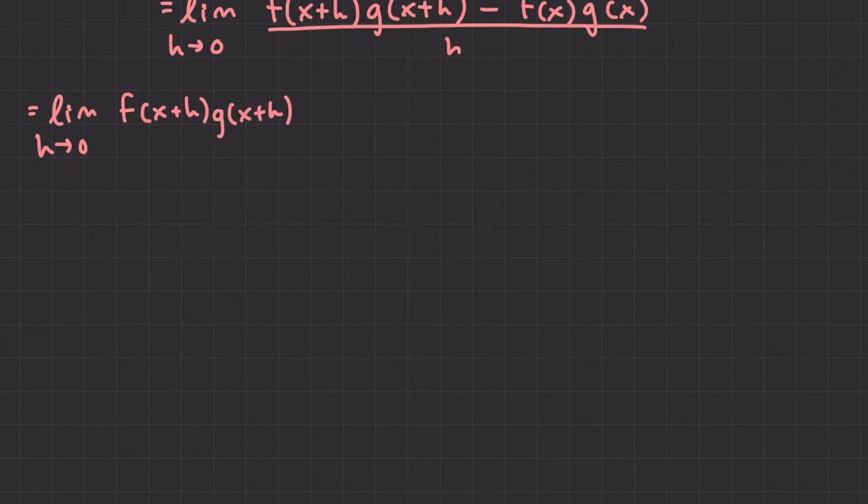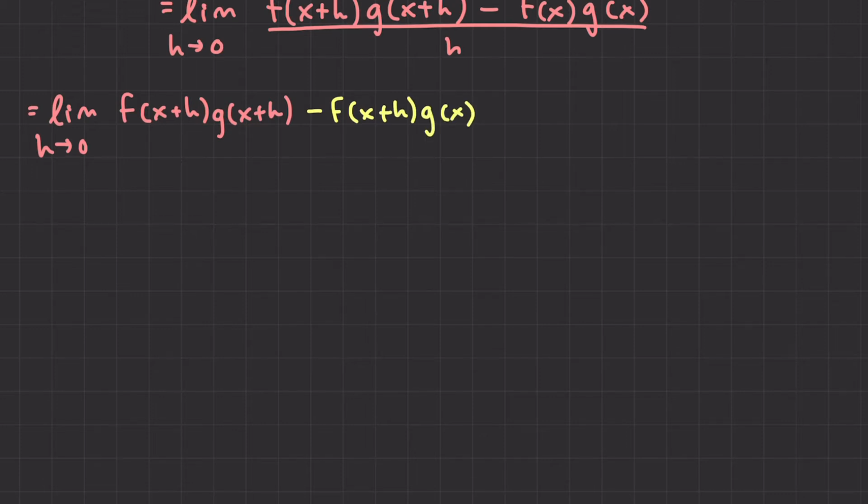Okay, and I'm going to make a nice big bar like that. I think I might need even a little more space, but that's okay. I'm going to leave the bar out for now, and we'll fill it in when we're done. And then the thing that he decided to add and subtract was this beast here. So he decided to subtract f of x plus h times g of x.